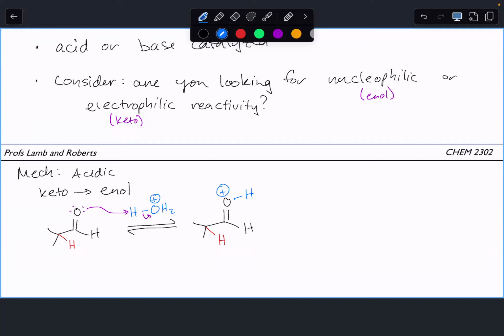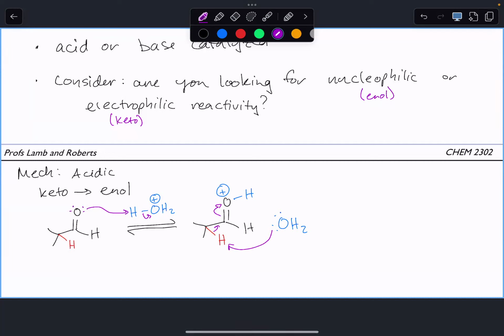Then we have water. So 1 proton transfer to protonate. Second proton transfer, we deprotonate that alpha position. That carbon-hydrogen bond breaks, and we form our enol.